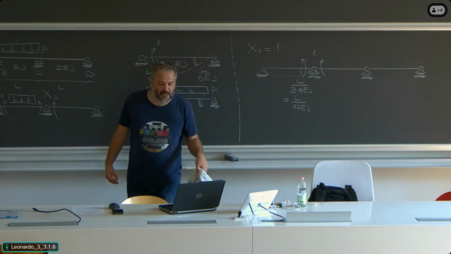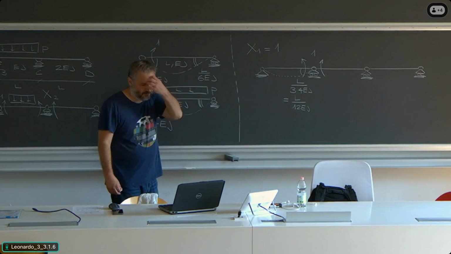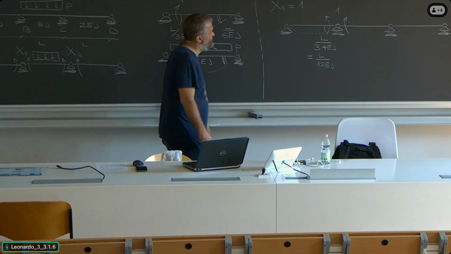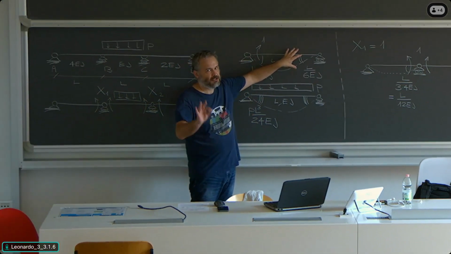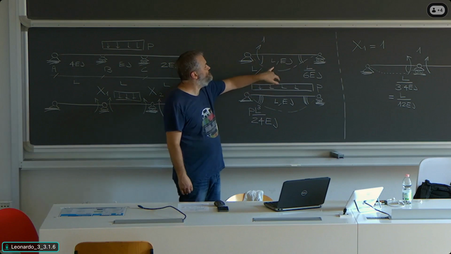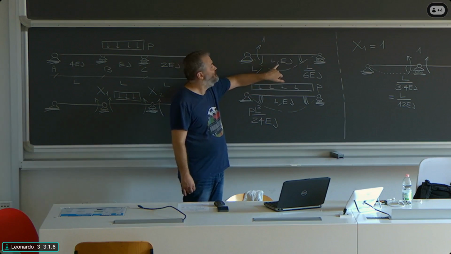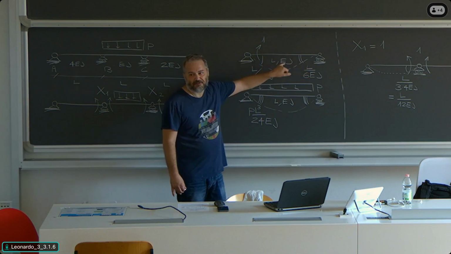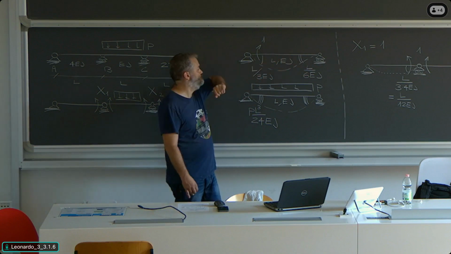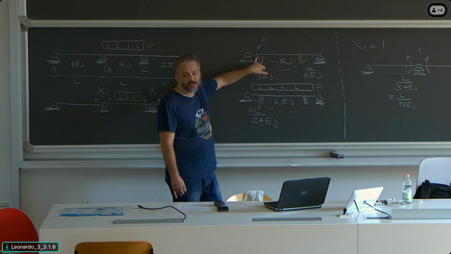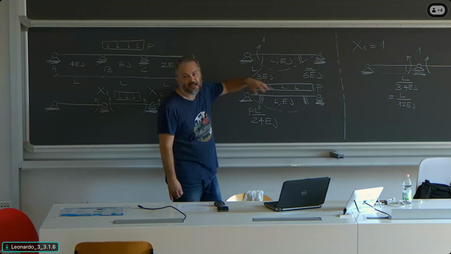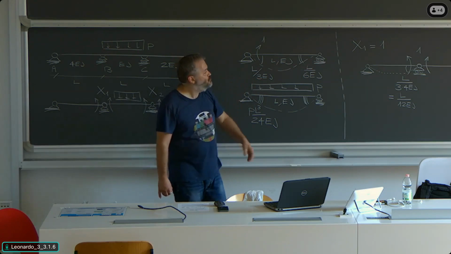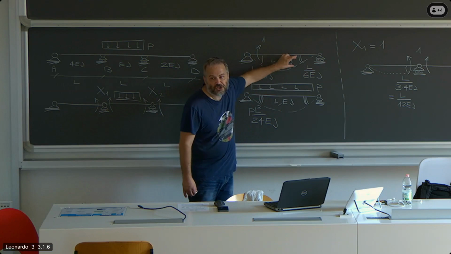I have to re-explain how this coefficient is worked out. Basically, what I know from this coefficient, and pay attention, is that when you have a beam whose length is L with a certain bending stiffness, call it EJ, and you subject it to a unit moment, its loaded end will rotate by L divided by 3 multiplied by the bending stiffness. Do not look at this symbol here, EJ, as EJ.